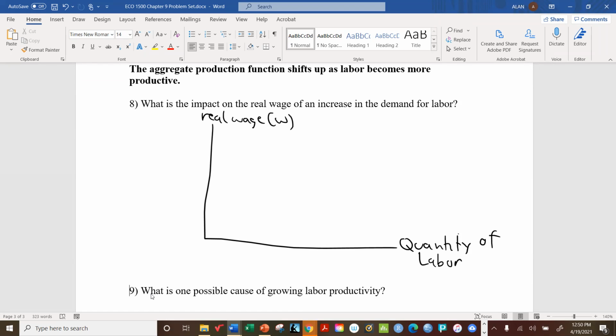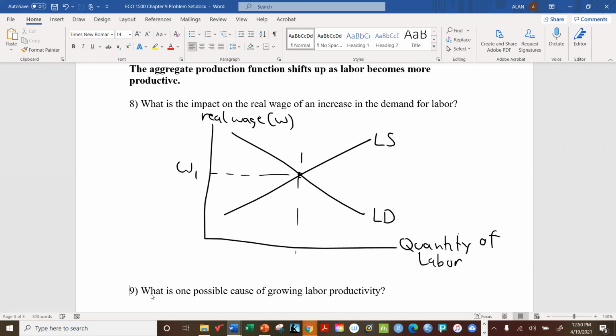Now, as usual, we have the upward sloping labor supply, downward sloping labor demand. And this time, what changes is there's suddenly an increase in the demand for labor.